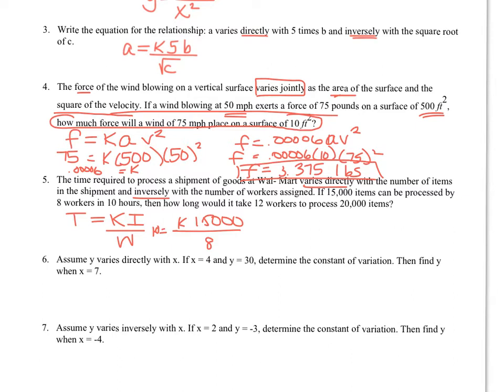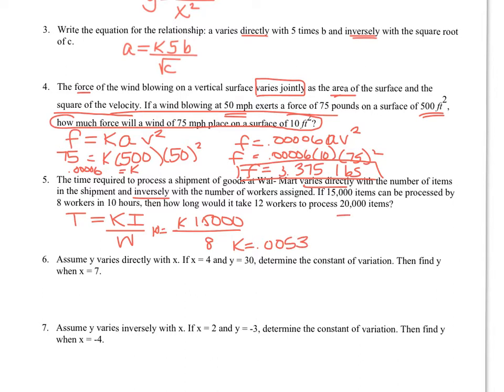I'd multiply 8 on both sides, and I would get 80. Then I would divide by 15,000, so k equals 0.0053.